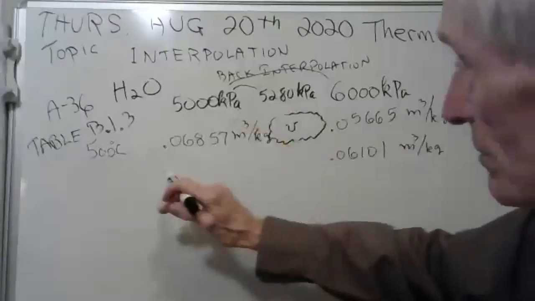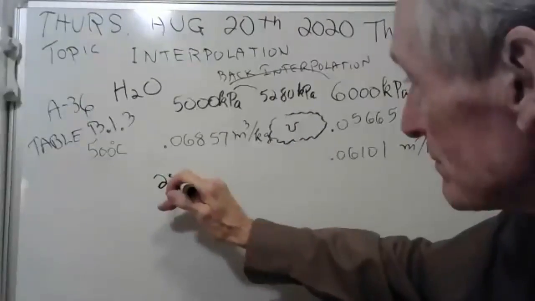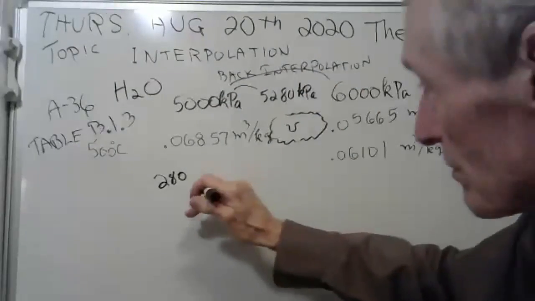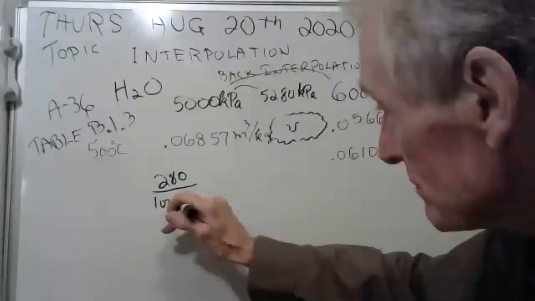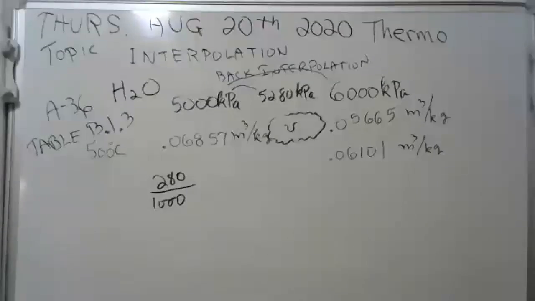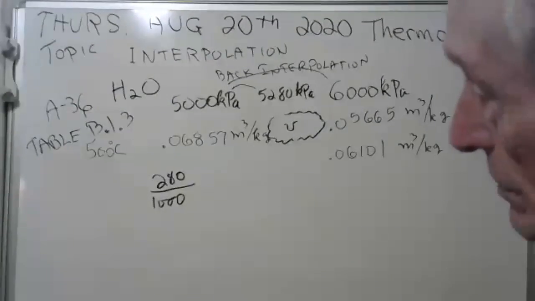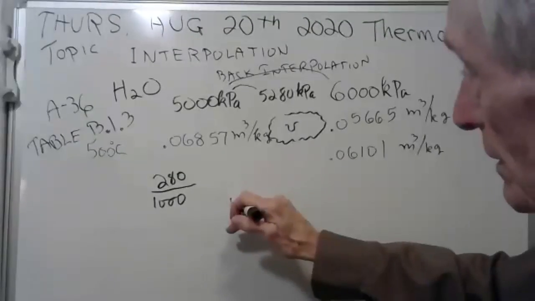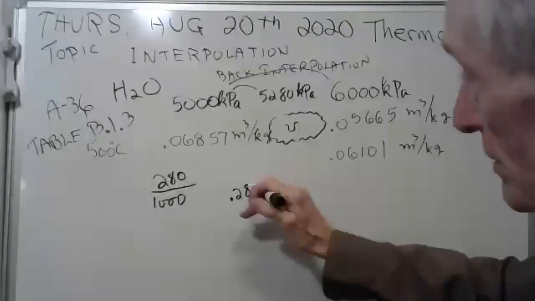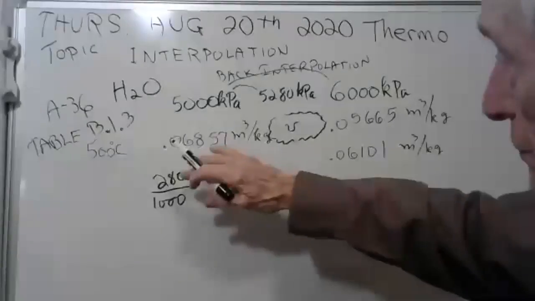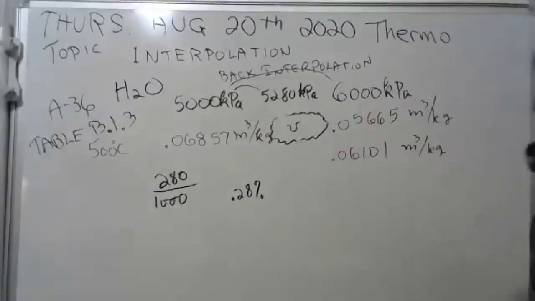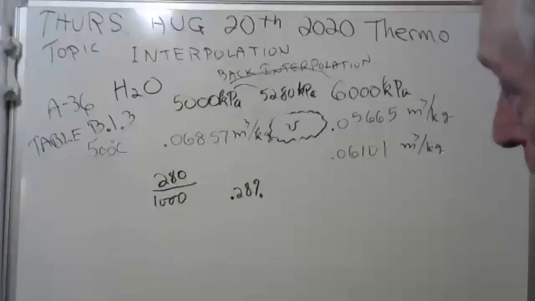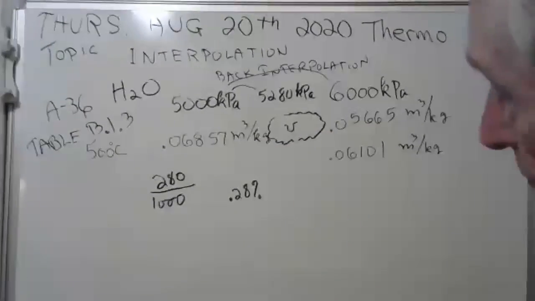See, from here to here is 280. But from here to here is 1,000. So what's the percent? Well, you know what? It's 28%, isn't it? What we want is 28% of the way from here to here. Now you've got to be careful though, because these numbers are getting smaller.